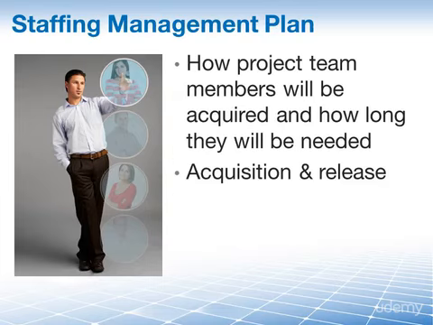And this is just slightly different than what I said earlier. Earlier I said how project team members will be acquired and how long they will be needed. For example, there we would describe that we are going to place job ads on websites for engineers that we're looking for, and these people then have to go through our regular acquisition process, our regular hiring process, and we need, by the way, an engineer for 6 months.